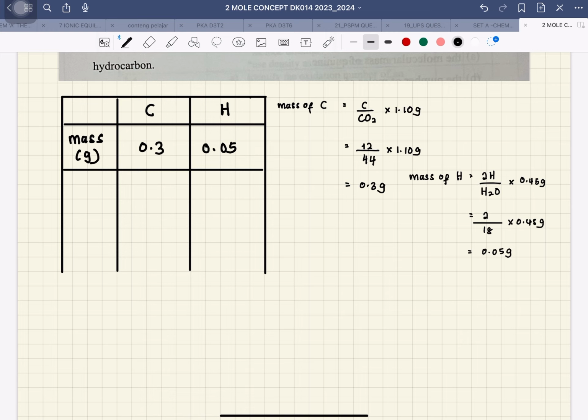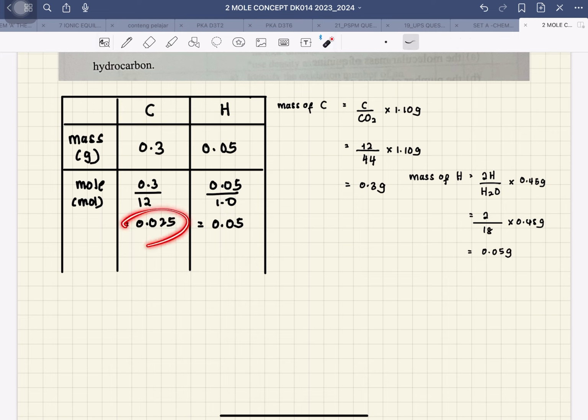Okay. Now, next one, we have to calculate the mole. So 0.3 over 12, 0.05 over 1.0. You're going to get 0.025, and this one, you're going to get 0.05. So as you can see, the small one is 0.025.